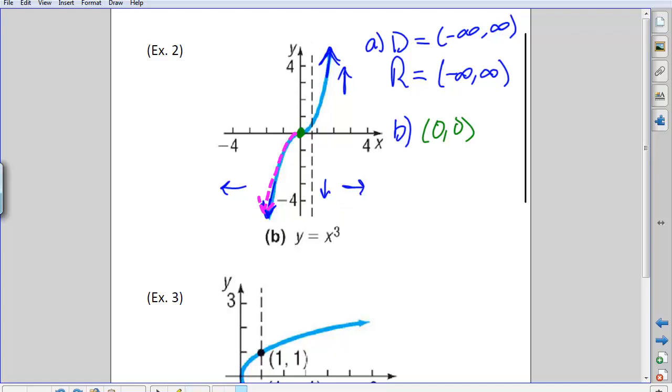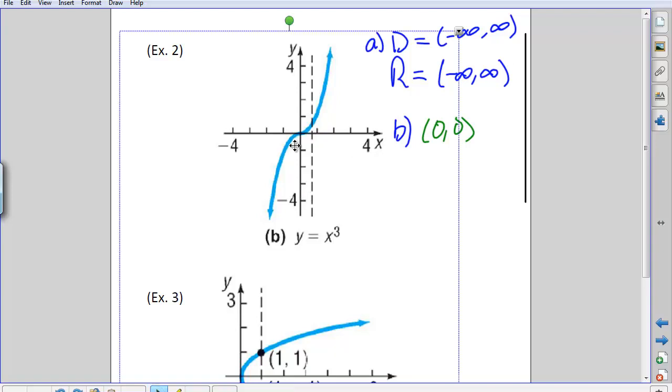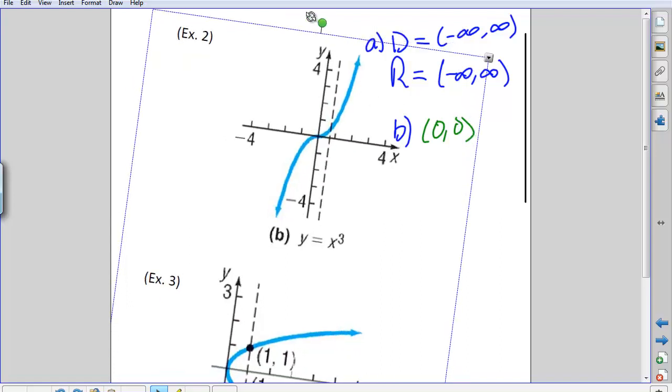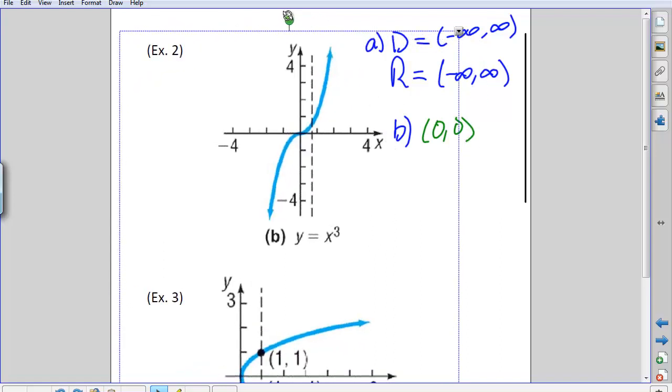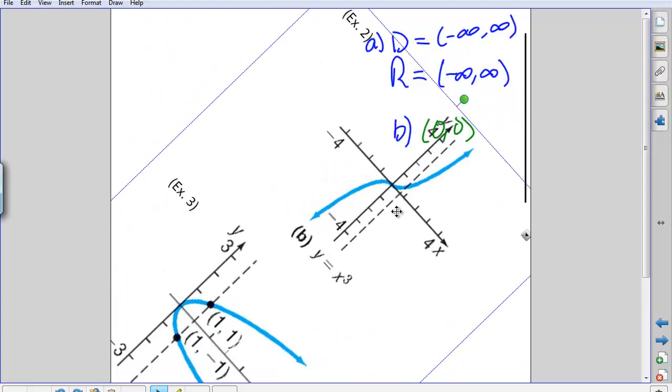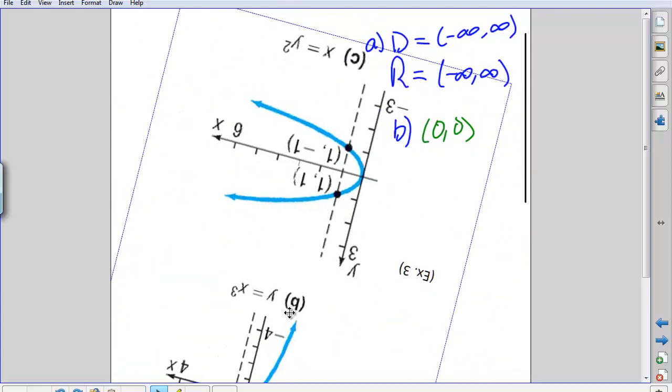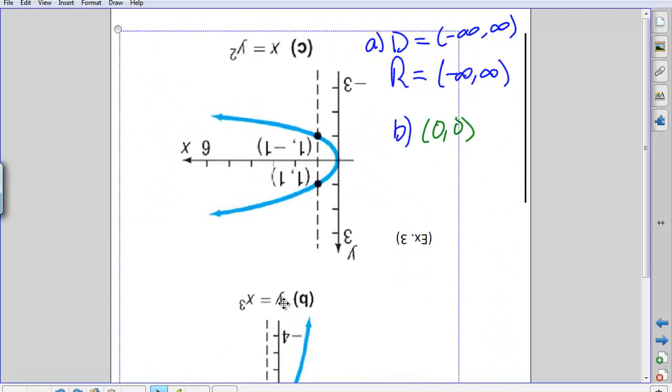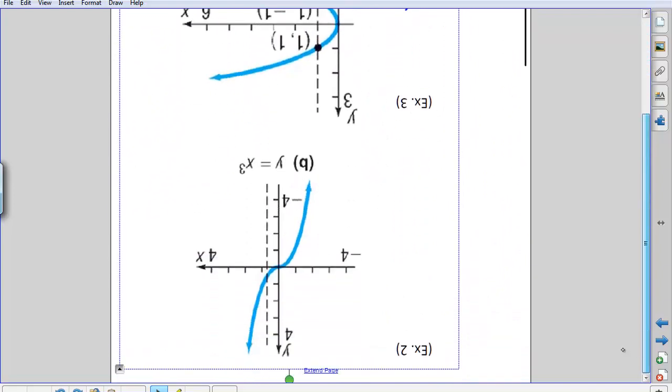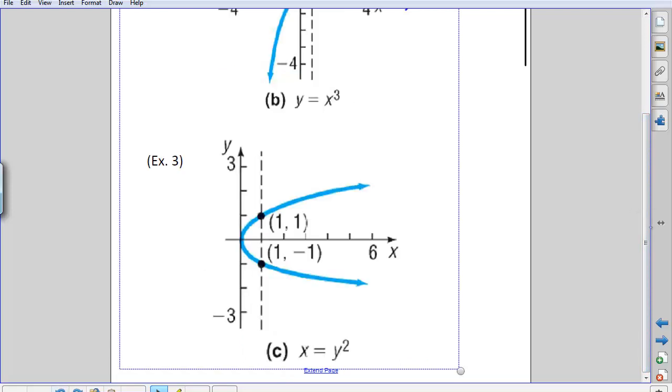Now let's take a look at that symmetry with respect to the origin though. Let me erase some of this. If we take this graph and we rotate it, it's going to rotate both of these, but just kind of go with me here. I'm going to go a half turn. And if you'll notice, it's now down here, but doesn't that look the same as when I started?